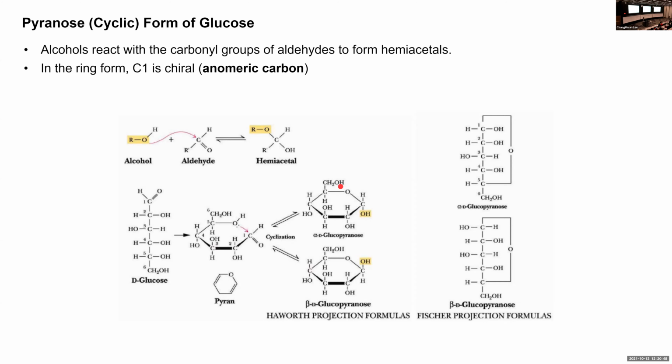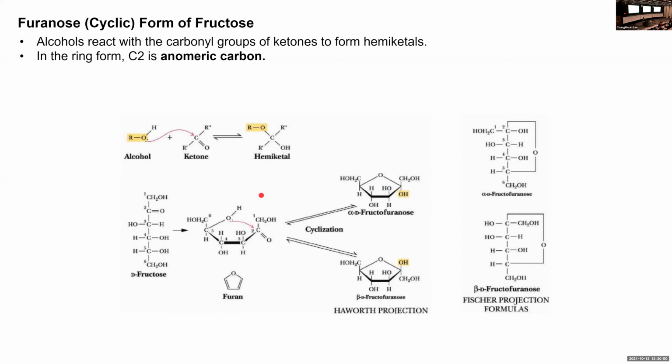As opposed to furanose, since the folding region happens at C2, now this C1 is going to be excluded from the ring. So instead of a six-member ring, it's going to form the five-member ring, and you're going to have two exocyclic carbons. Make sense? So that's the main difference.